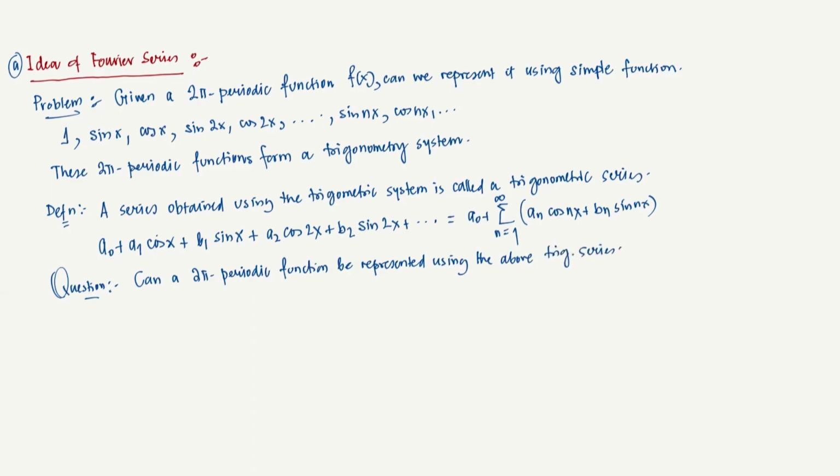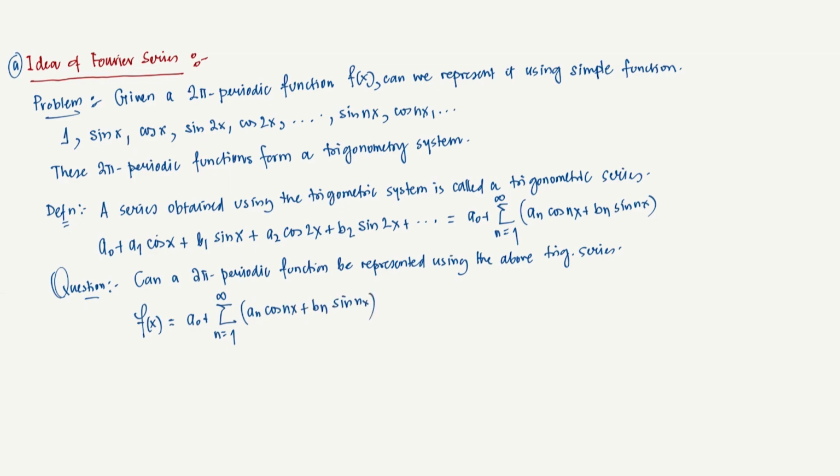Essentially, this is an infinite series, so there is a question of convergence. So let's say a series like this converges, let me put it this way: sum from n equals 1 to infinity of an cosine nx plus bn sine nx.